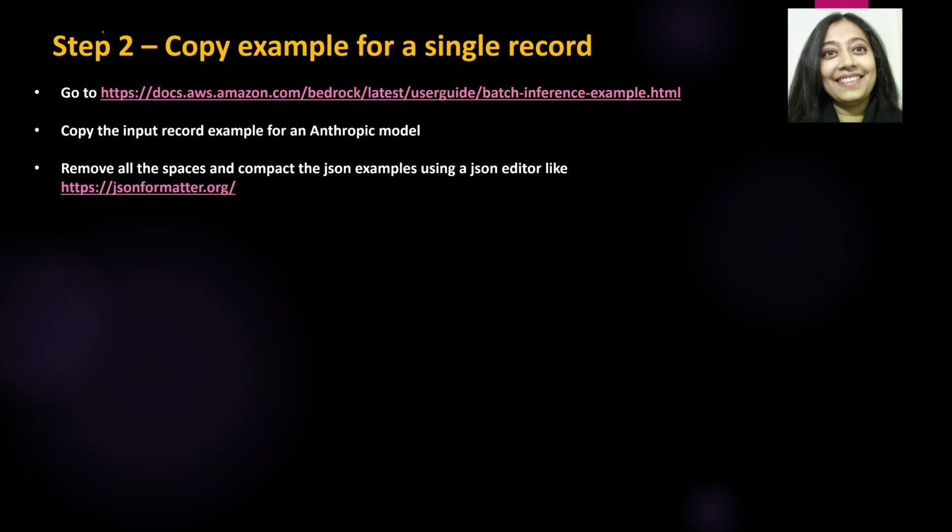Step 2. Now go to this particular URL that I had mentioned in the reference URLs. As I said, this URL will be mentioned in the description of this video. Essentially, what we are looking for is an example of a record that we need to provide to a model for processing. So this particular URL has that example.